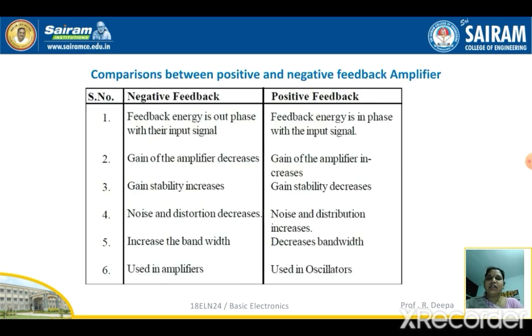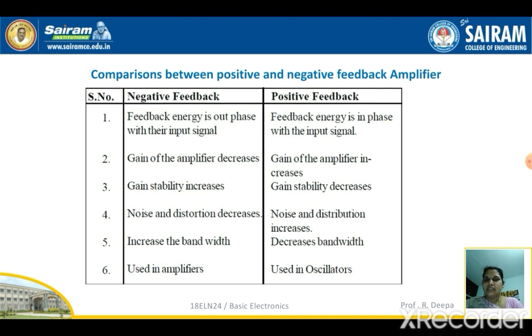So let us compare the positive and the negative feedback amplifiers. In the negative feedback amplifier, the feedback energy, either voltage or current, which is fed back to the input, will be out of phase, whereas in positive feedback it will be in phase with the input signal.